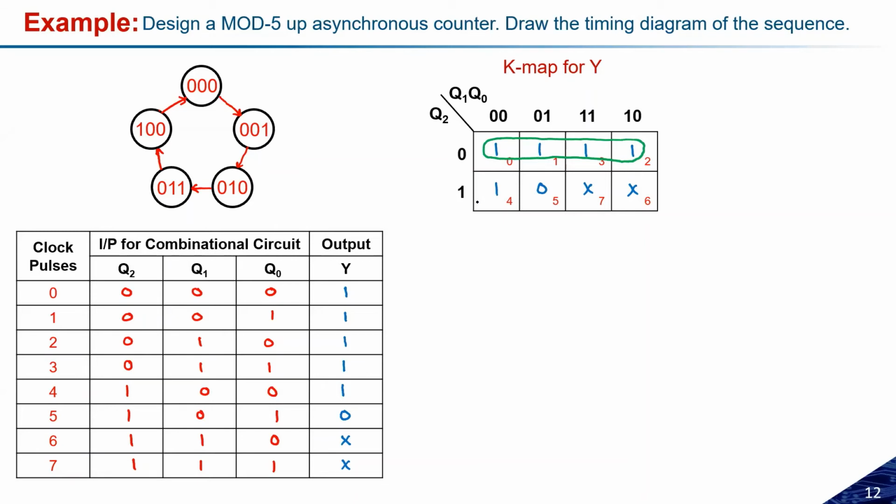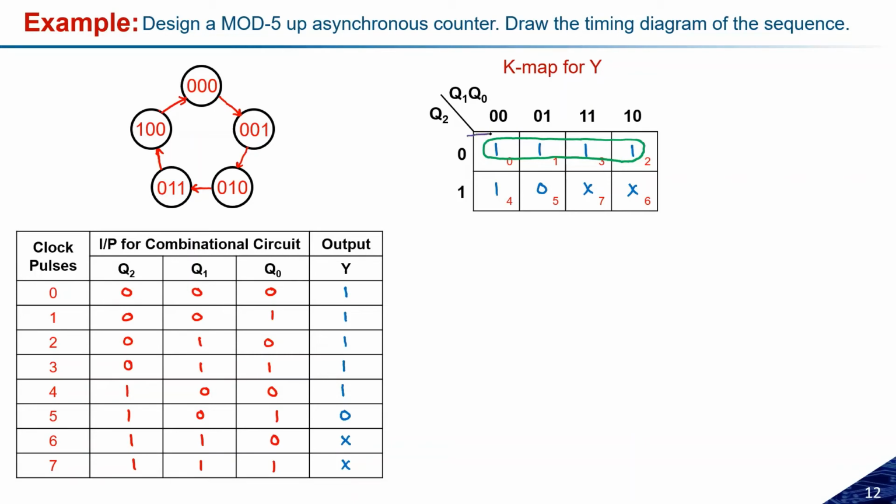Perfect, 0 4 2 6 is the right one. Because see here, we have a don't care, so we can use this in the pairing. The very important thing is that we have to make the highest possible pairing.